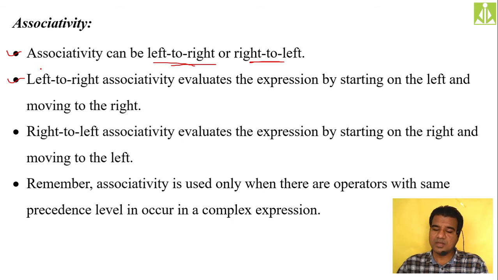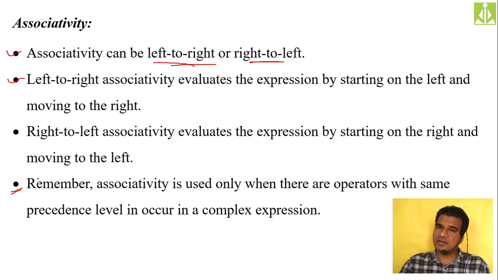Okay. The last important point here, we already discussed this, but once again I'm highlighting it. Remember, associativity is used only when there are operators with the same precedence level.